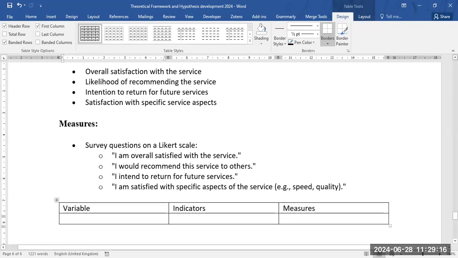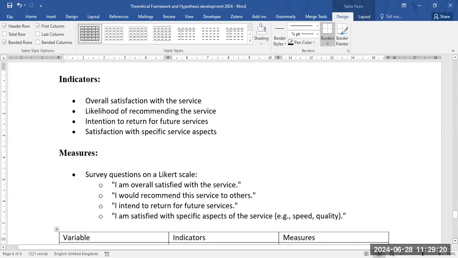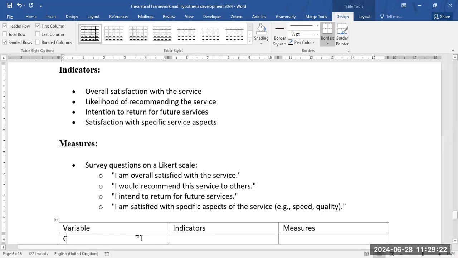Say this is a customer satisfaction variable. The indicator is overall satisfaction. How are we going to measure it? We can say question 1.